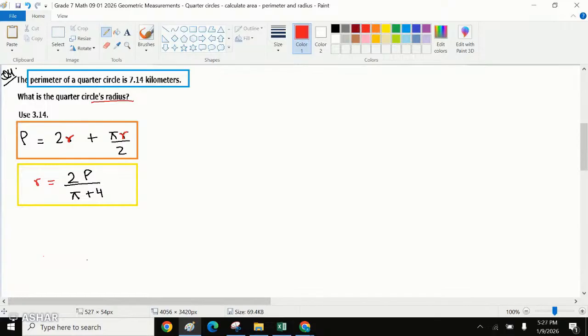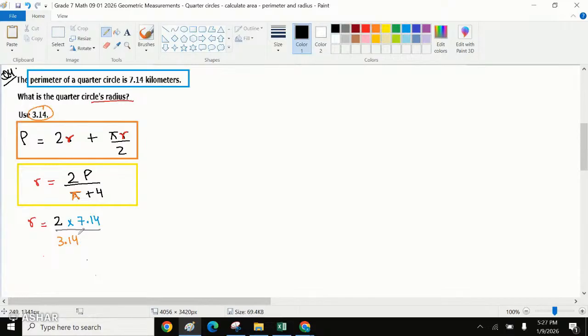So can we say radius is twice the perimeter, 7.14, divided by pi plus 4. The value of pi is 3.14.